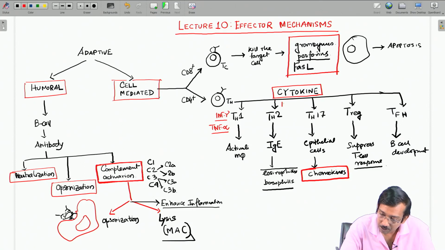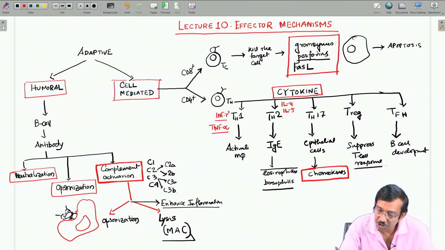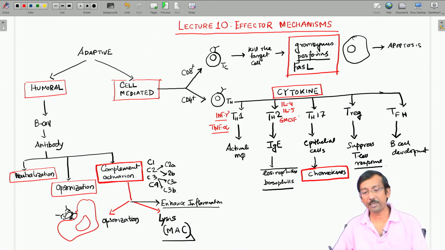Th2 cells produce interleukin 4 and interleukin 5, mostly, which are the major cytokines involved in the class switching of the antibodies on the B cells, and they also produce GM-CSF, which is the granulocyte macrophage colony stimulating factor.